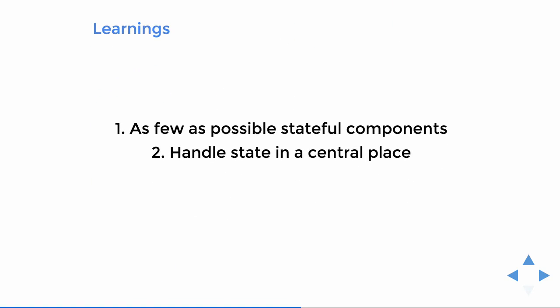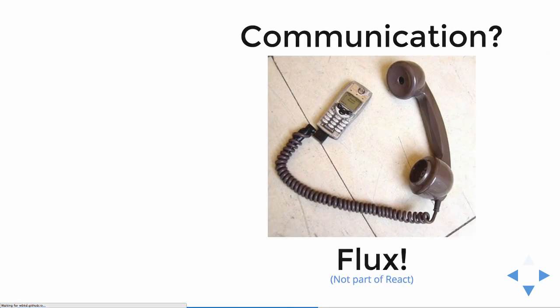The learning from this app is that it's good to have as few stateful components as possible and to handle the state in a central place. We will come back to that now.